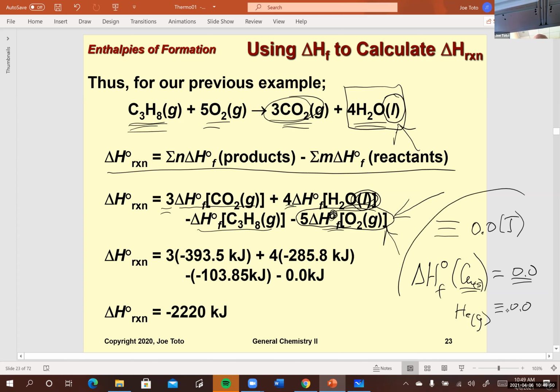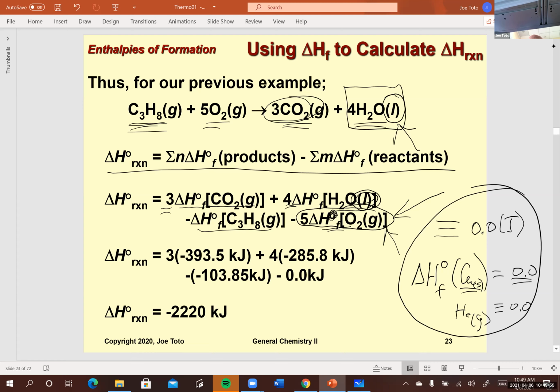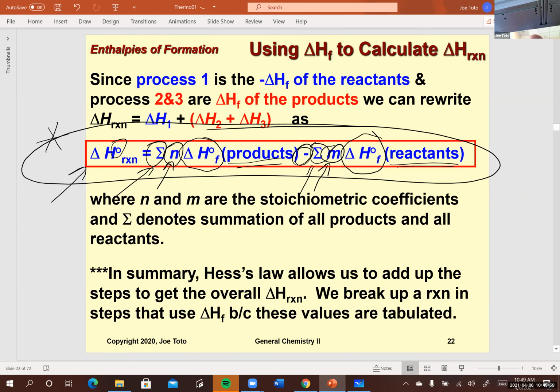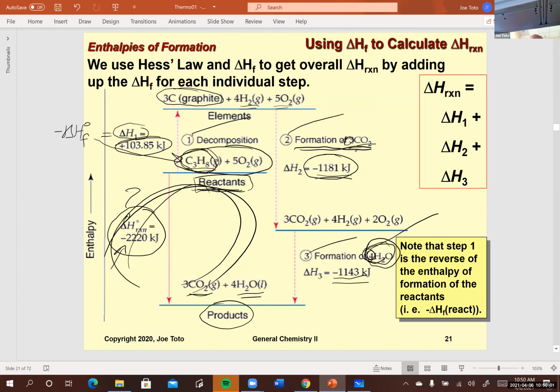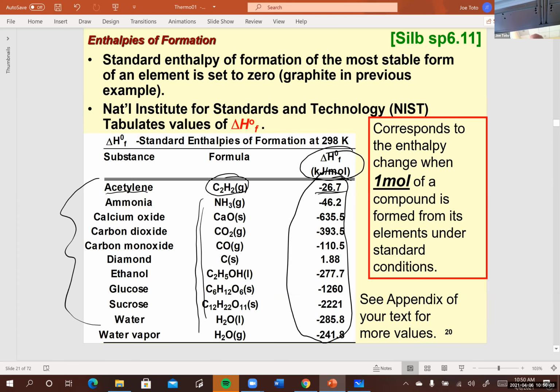So, you know, don't forget those guys. They are, by definition, because of the way we defined the delta H of formation back here. Where is it?